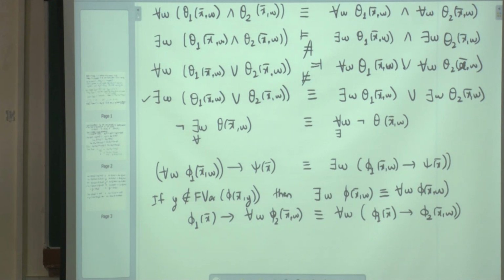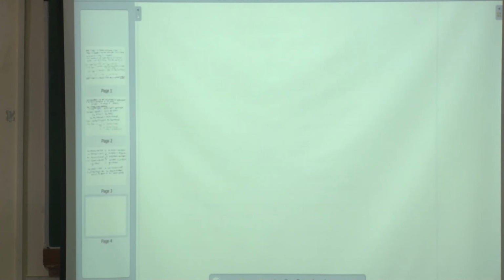Okay, so once you understand all these things, now I am going to show you a transformation of a particular formula. Let us start with this. Phi of x bar disjunction there exists w1 psi of x bar w1, and this whole thing implies for all w2 theta of x bar w2.